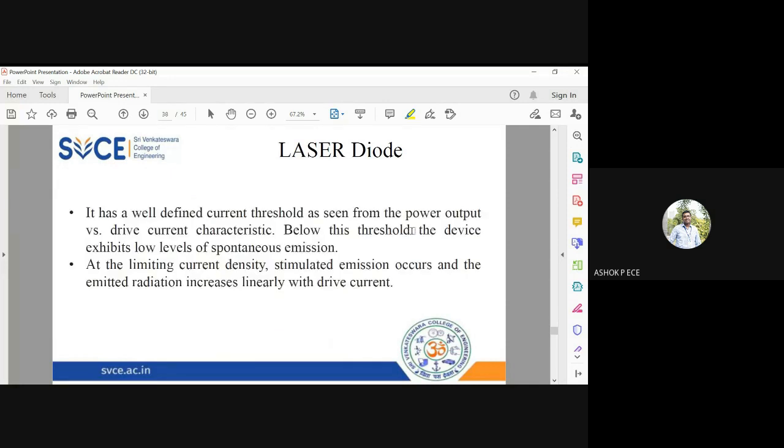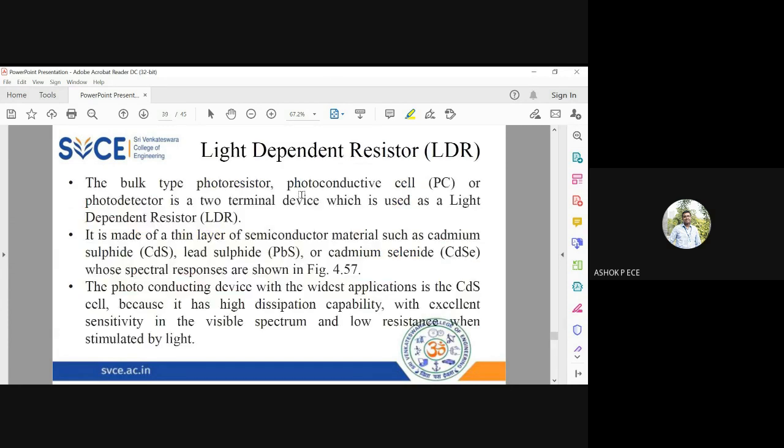After threshold, I will have stimulated emission, which is the unique characteristic of a laser diode. At the limiting current density, stimulated emission happens and the radiation will increase linearly with the drive current. Radiation means the amount of photons, and power is proportional to the number of photons. So as the current increases, the power increases proportionately, which is seen in the VI characteristics we have just seen.